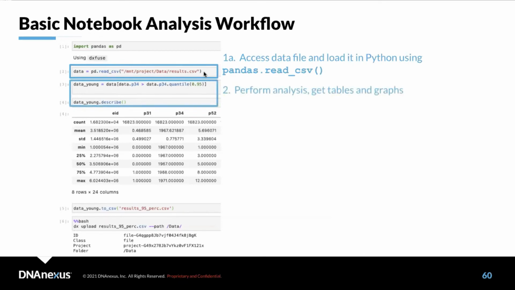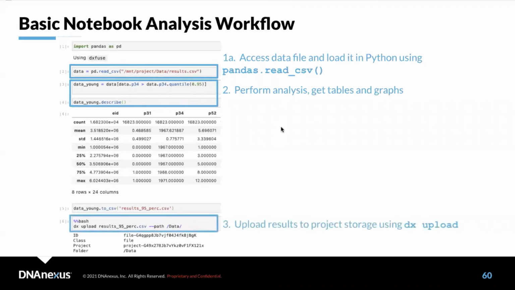Then you can perform analysis and get tables and graphs. Since this is a toy example, we're just doing basic filtering and making summary statistics. Once you want to save and keep your results, you save them as a file and upload them back to the project.